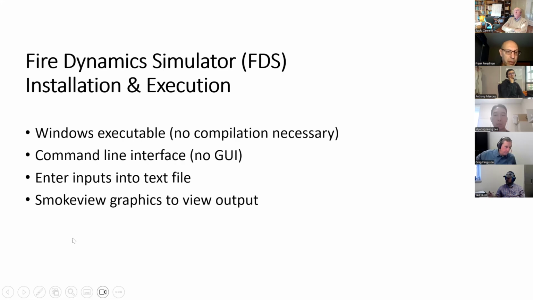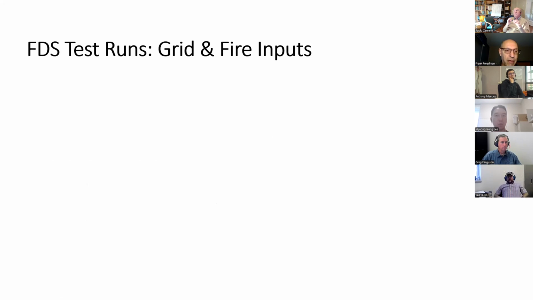It has a complementary graphics program called SmokeView, which also has a learning curve to it. The graphics you'll see in a second are from SmokeView. I apologize, I'm not an expert on SmokeView, so some of the graphics bear explaining, and we'll get to that in terms of what you're looking at.